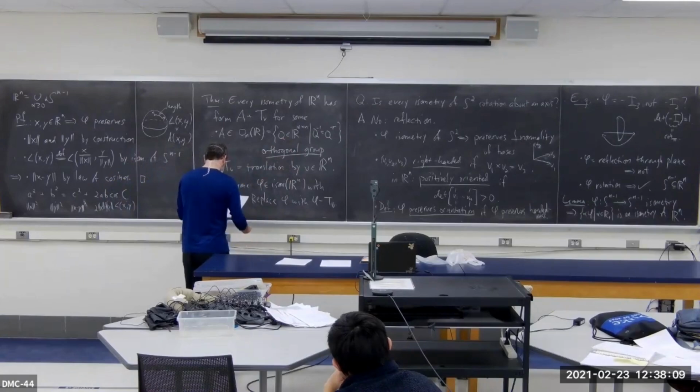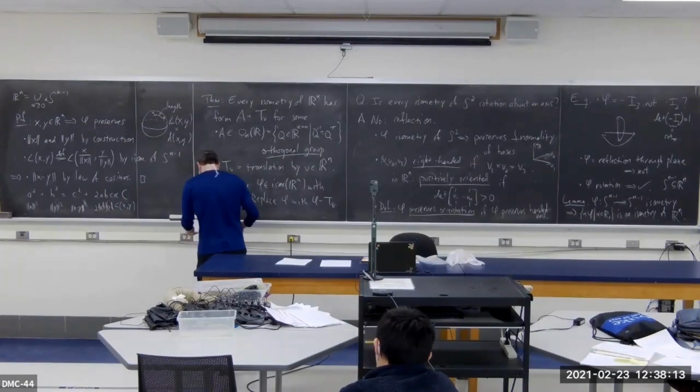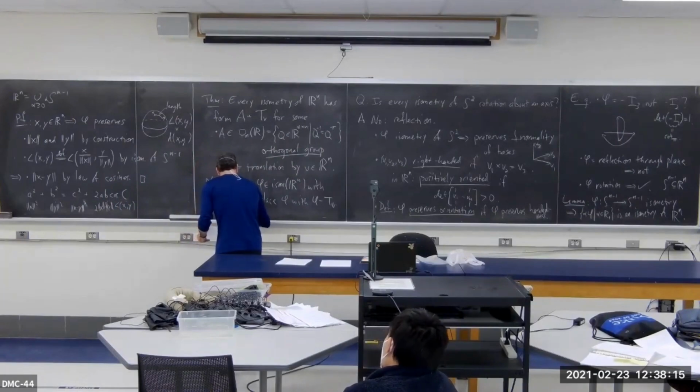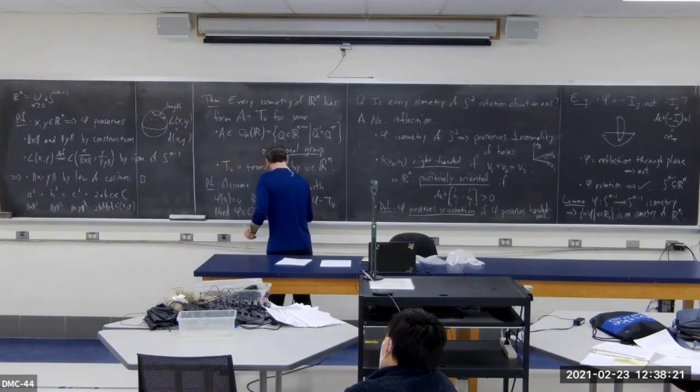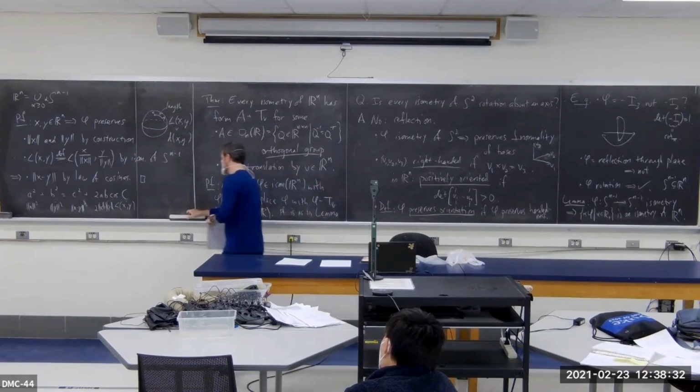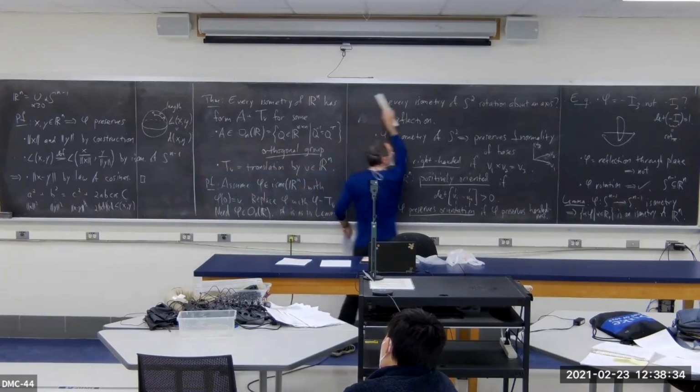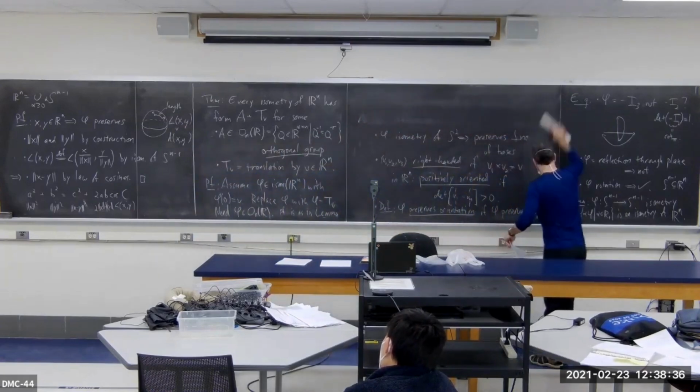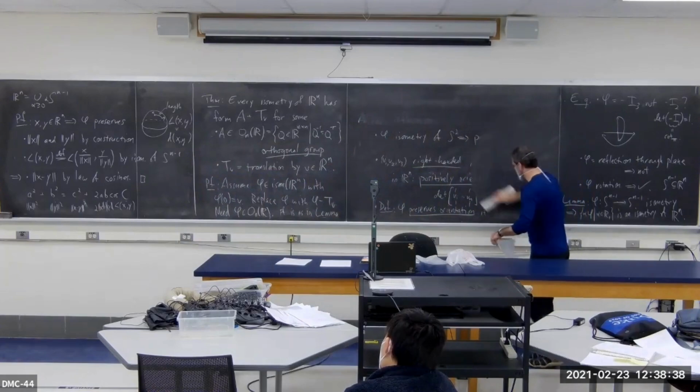Okay, so now what I need is that now phi is orthogonal. So the proof is as in the lemma. It's essentially the same thing, but you need one more thing, which is that you need to know that a length-preserving map from Rn to itself is linear.